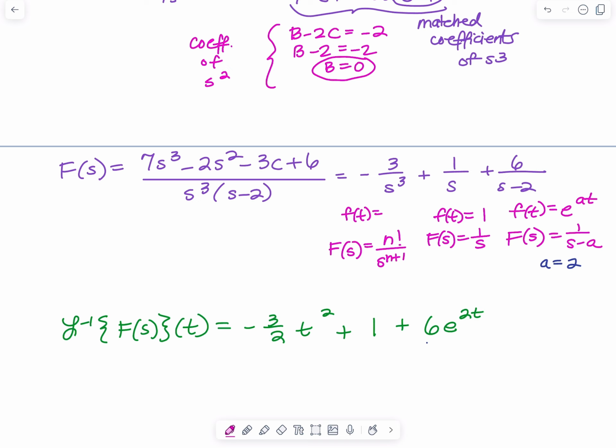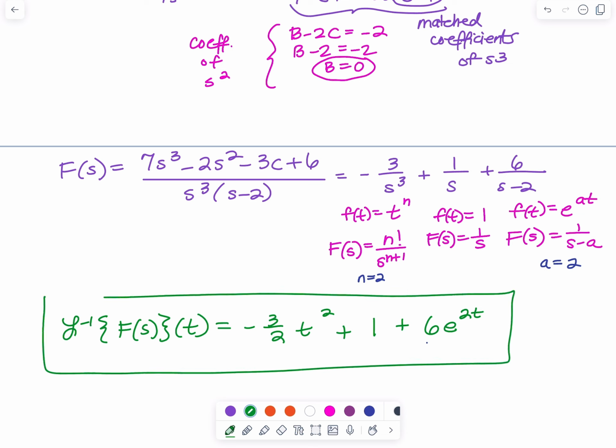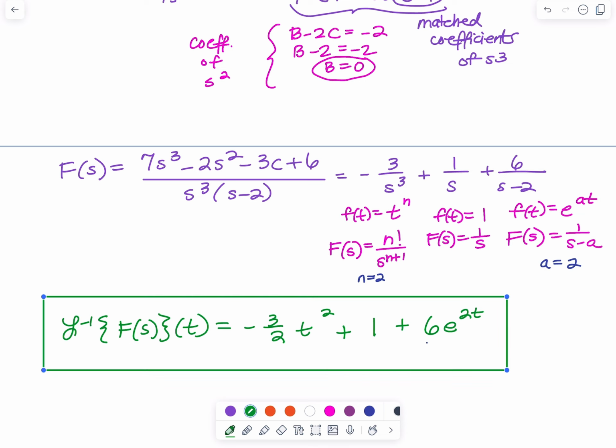Of course, we have a coefficient of negative 3. You can see here that n is equal to 2. So we would need a 2 factorial in the numerator, and that's where we come up with the 2 in the denominator. And then our negative 3 is that coefficient. And that concludes this video.